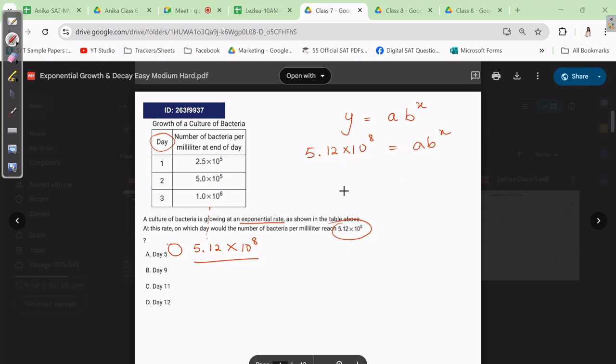You can also first write it like this: y equals a times 1 plus r raised to x. First thing, Anika, can you tell me the value of a? 5.12. No, a. I'm asking about a.